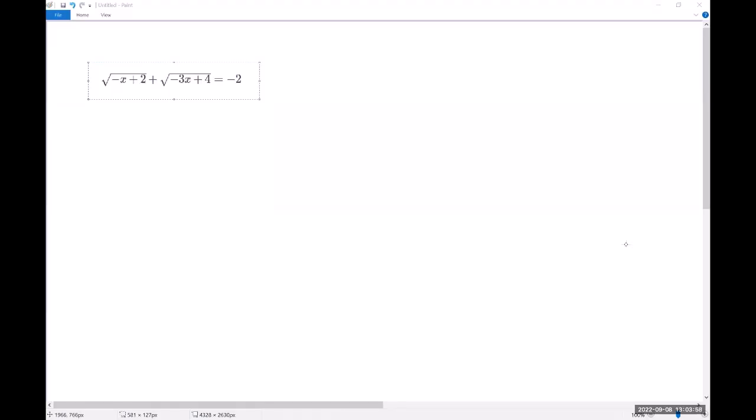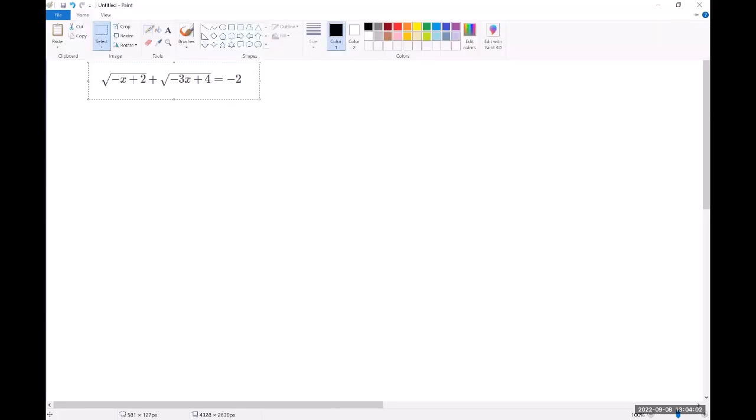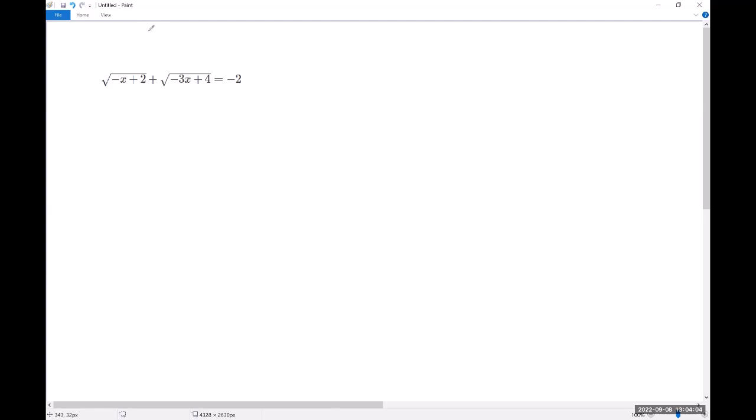Okay, so here's another one. Let's see if we can do this one. So what I would do on this one is I'm going to use this part and move it over. And when I say move it over, I'm really saying I'm subtracting it.